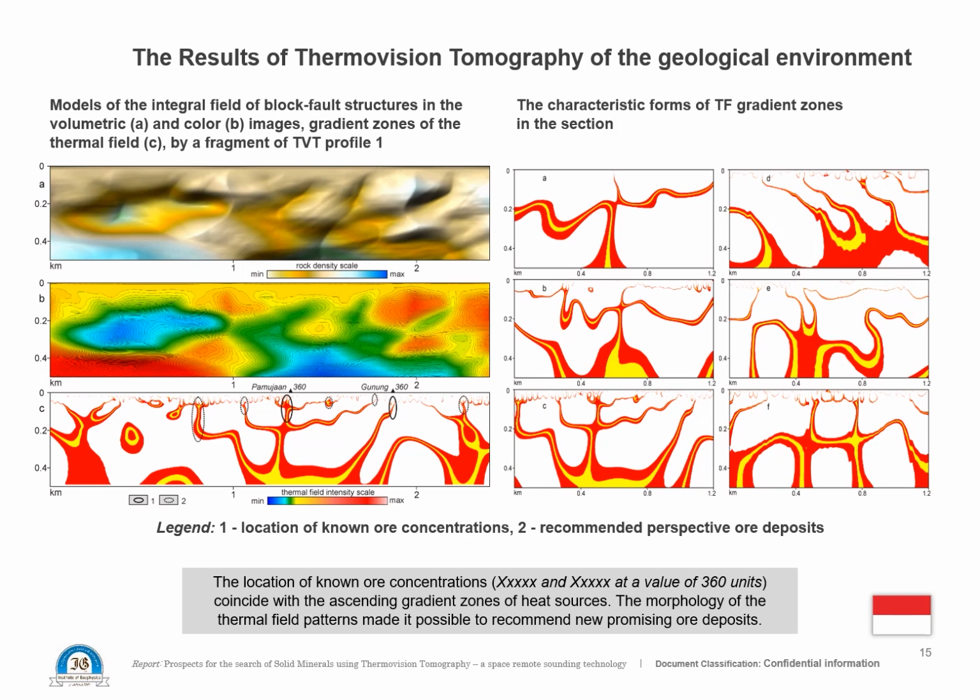Second, the winding shape of the gradient zones of heat sources, red winding lines on a white background, may indicate areas of ore concentration exploration. Third, the location of known ore concentrations coincide with the ascending gradient zones of heat sources in the bottom left of the slide. The morphology of the thermal field patterns made it possible to recommend new promising ore deposits.